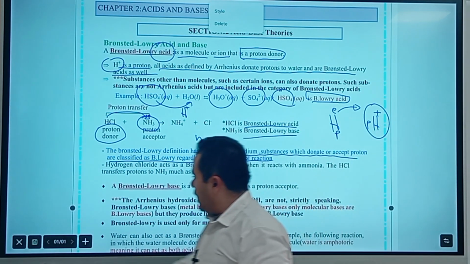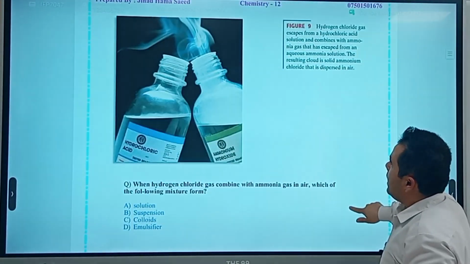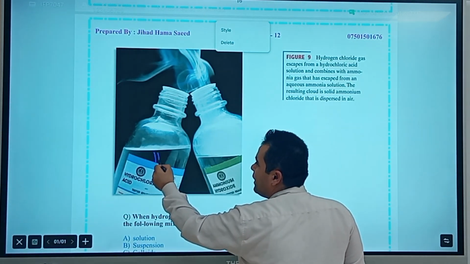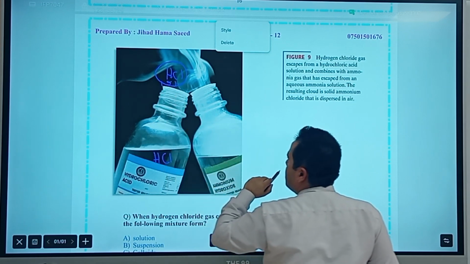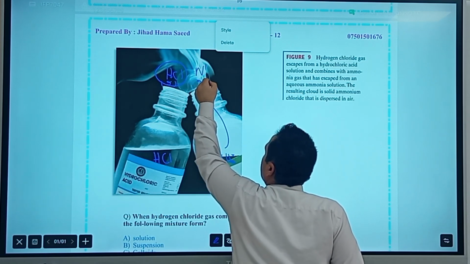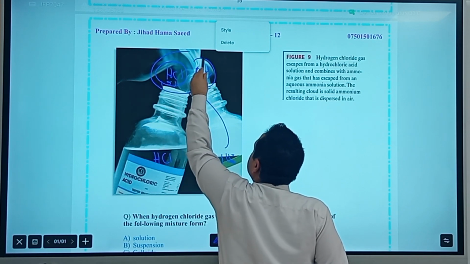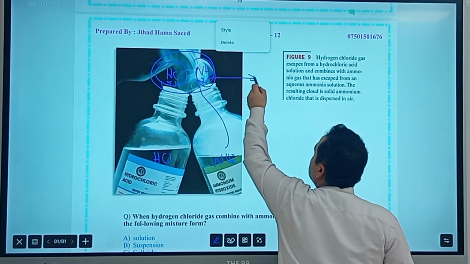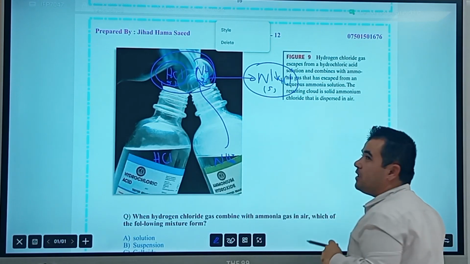Example for that, guys, we have here the figure which is provided. Here, in this figure 9, from hydrochloric acid the hydrogen chloride gas escapes, and from the ammonia solution it goes to form gaseous ammonia, and then in the cloud of these two, they mix and react to form ammonium chloride, and this is a salt suspended in the air.